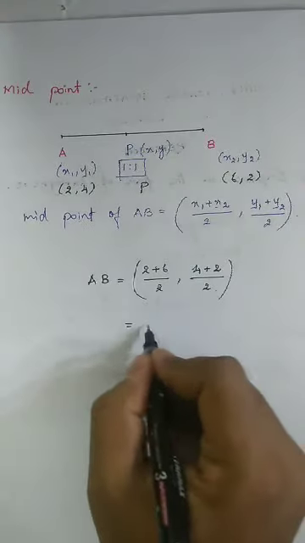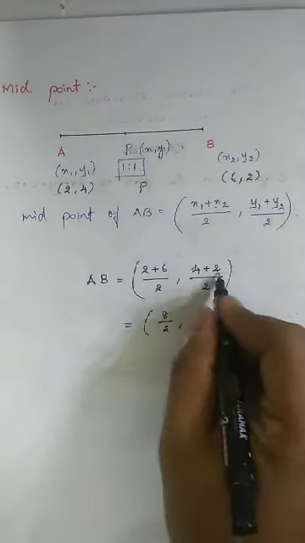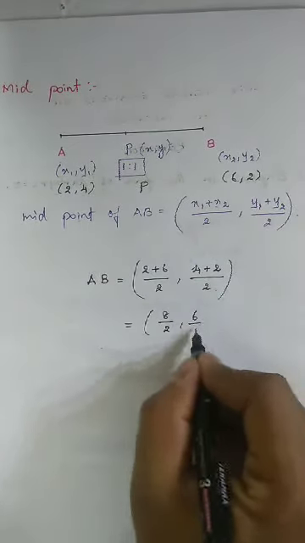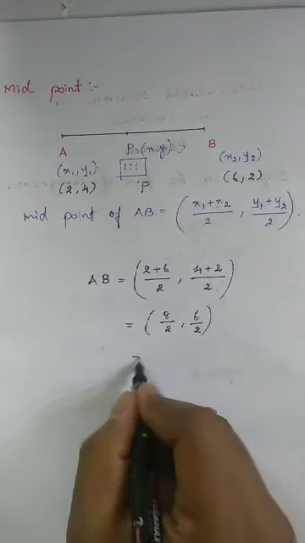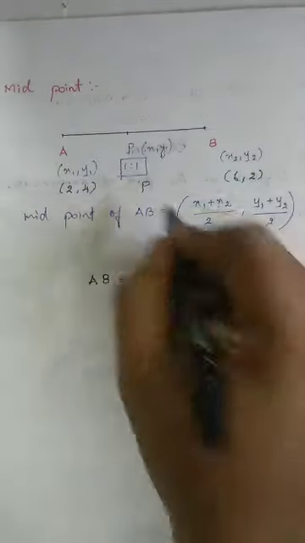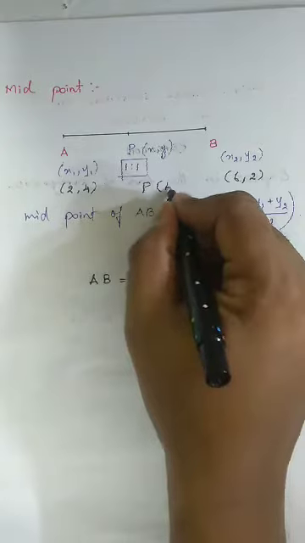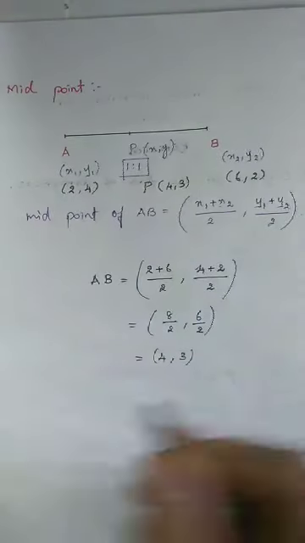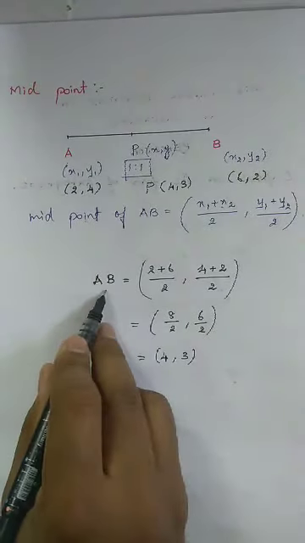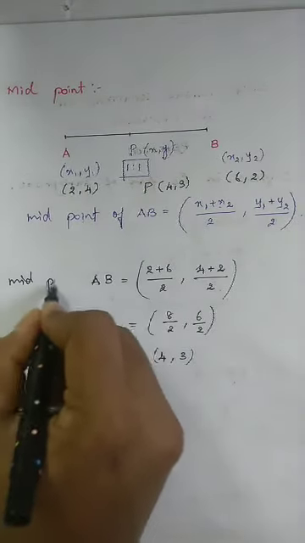So equals 8 by 2, comma 6 by 2. When we cancel, we get 4 comma 3. So the value of P, the midpoint of AB, is 4 comma 3.